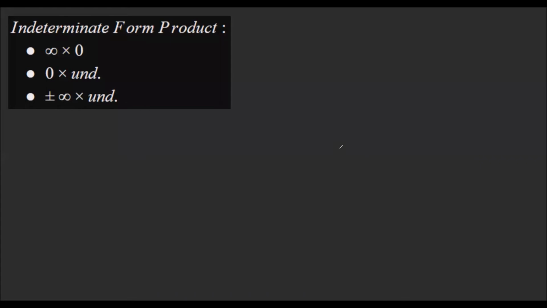They can be represented as infinity times 0, or 0 times an undefined function, or plus or minus infinity times an undefined function. It doesn't really matter whether the infinity is positive or negative. So these are the three product indeterminate forms.